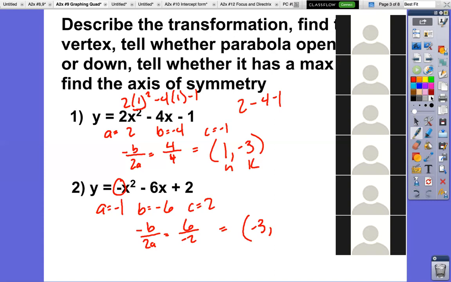Henry, what'd you get? Is it 3? I heard 3. Jalen, what'd you get? I want the K value here. -7. Marvin, what'd you get? -8.